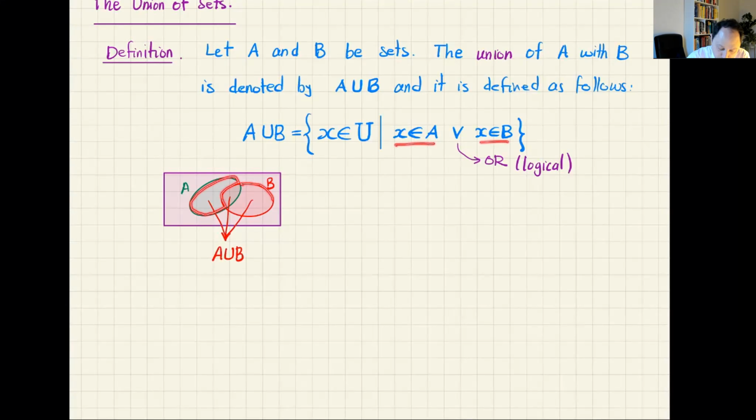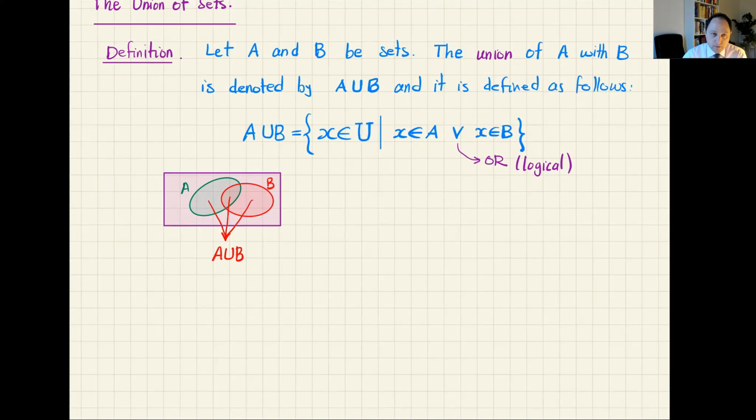This part is also acceptable because this is true, this is false. But in between, it's also acceptable because now both of them are true. So when I say the union, I consider all of them. This is the union of these two sets.